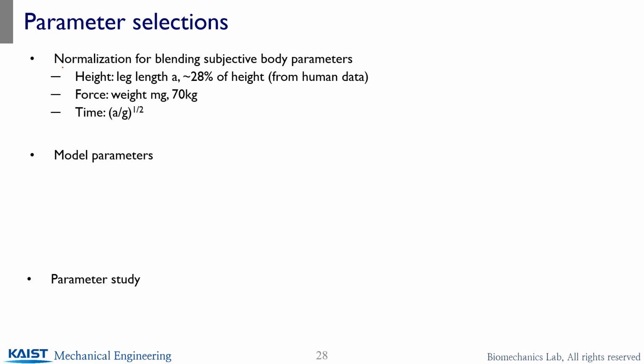For example, in reality you are running many experiments for many subjects, and you could include those data for averaging. Usually I would recommend normalization: length as the height, force as the body weight, and time as the square root of length divided by gravity.